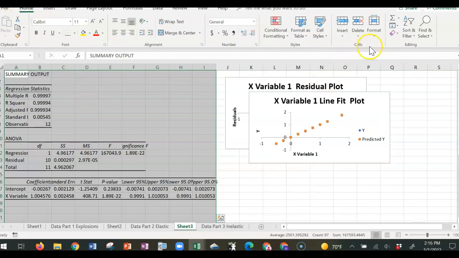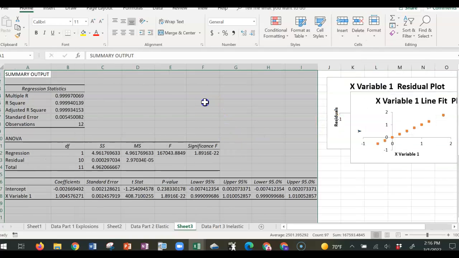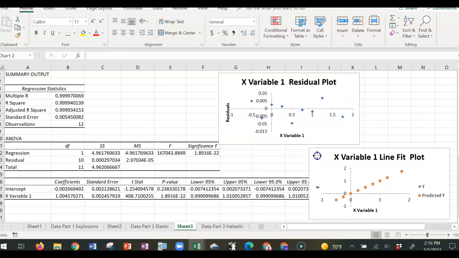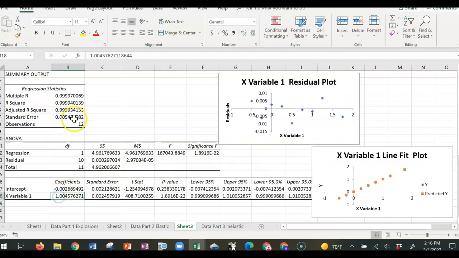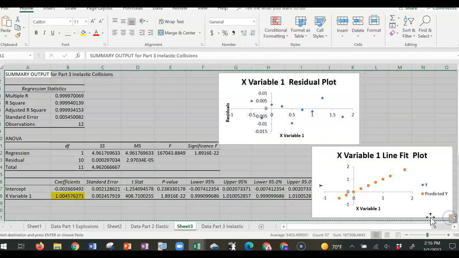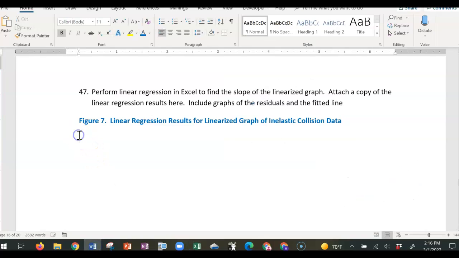I'll just make sure that all the columns are wide enough for the data that's contained in them. This looks like a very nice fit, and I'm getting a slope here of 1.005. Okay, so this is the linear regression for part 3 inelastic collisions. Okay, and so I'll just copy this linear regression because this is the evidence that shows how we found the slope here.